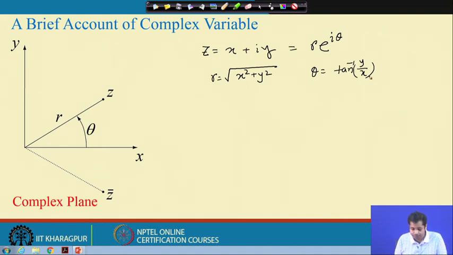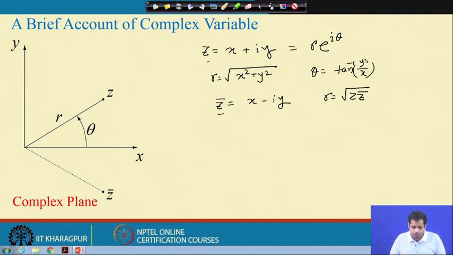Then the complex conjugate z bar can be written as x − iy, so z and z bar are conjugates of each other, and r can also be written in terms of z and z bar. These are the things that we know.